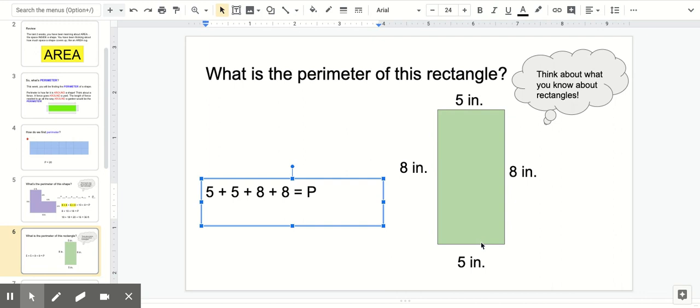All right, I know 5 and 5 is 10, and 8 and 8 is 16. And so now I'm getting closer to a total. 10 plus 10 is 20 plus 6 more. 26 inches is the perimeter.